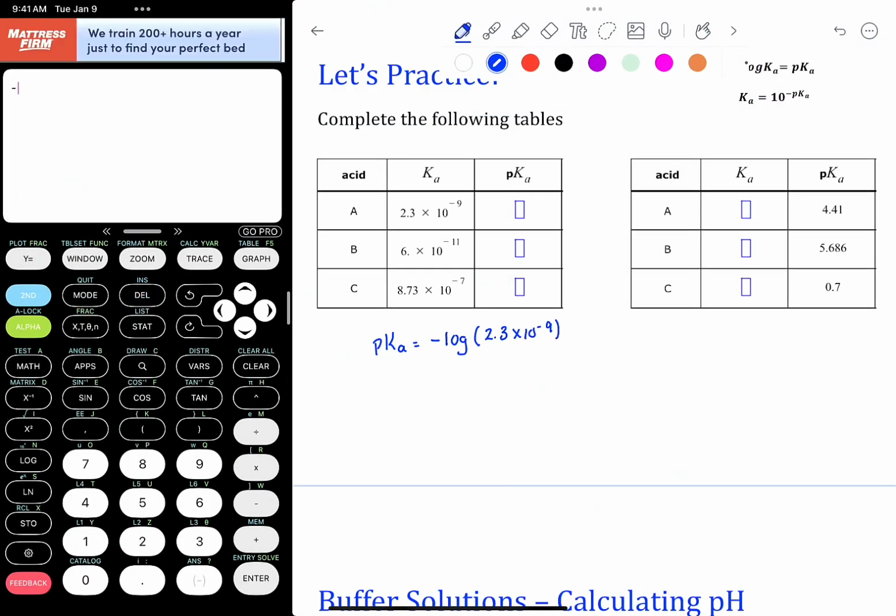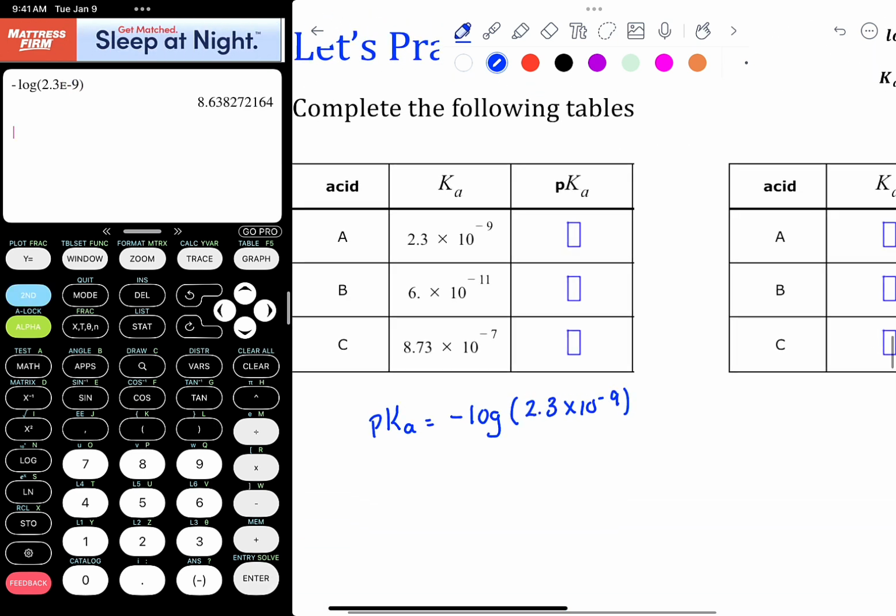We get negative log of 2.3 times 10 to the minus 9, and we get that the pKa is 8.6. Yes, 8.6, 2 sig figs from our Ka value there.